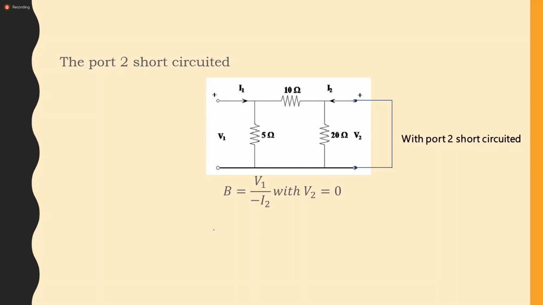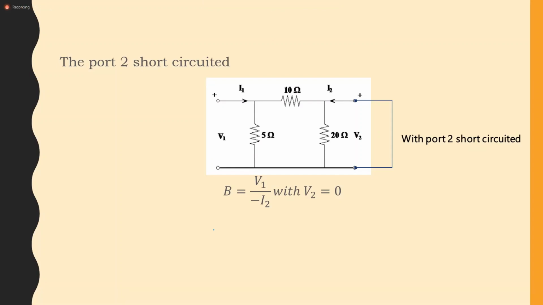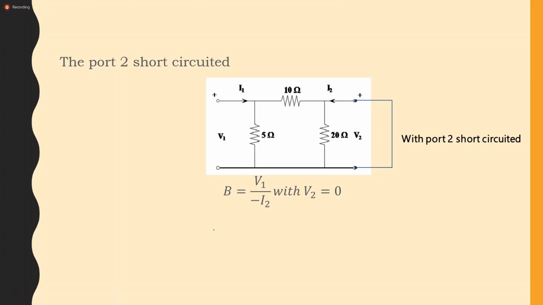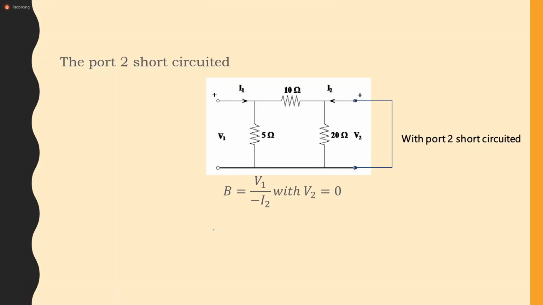In what direction would I2 be flowing through the 10 ohm resistor? Opposite direction of I1. Negative direction. So I2 will be flowing right to left through the 10 ohm.